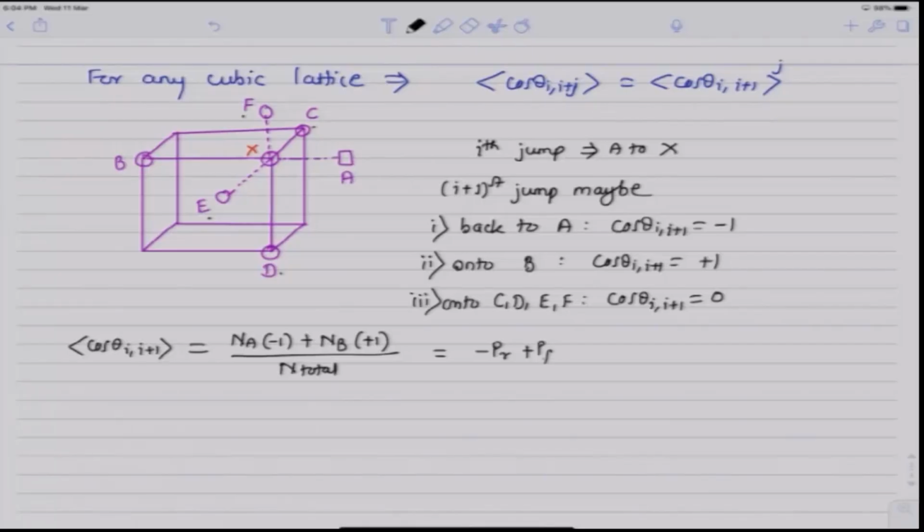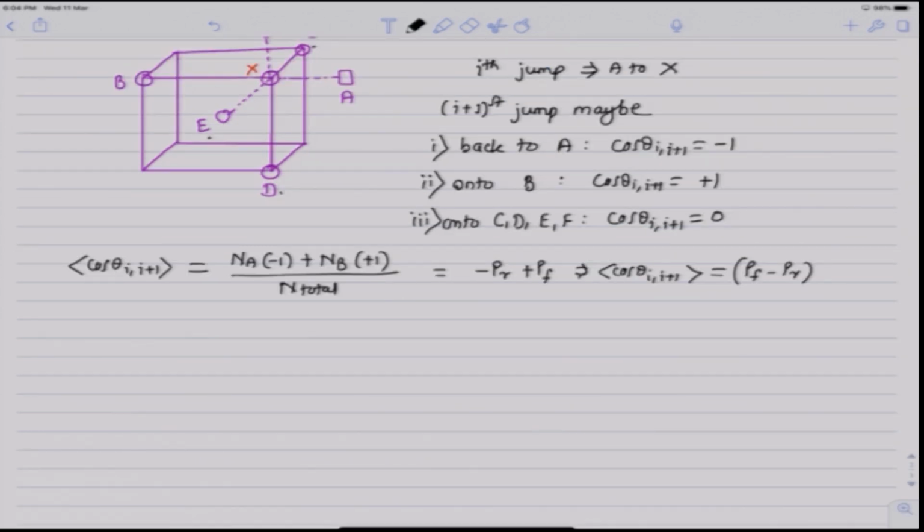Similarly, N_B by N total is the probability that an atom makes a forward jump. Let us denote it by PF, plus PF. So, we get the average of cos theta i plus 1 equal to PF minus PR.